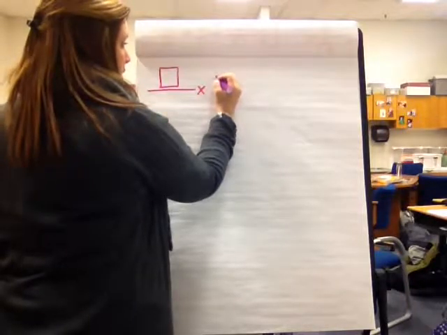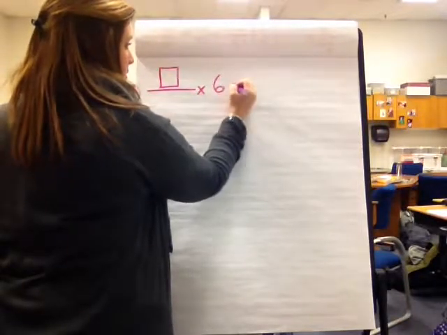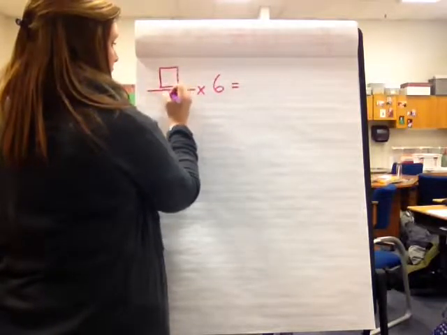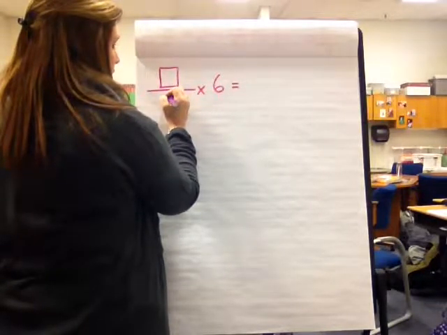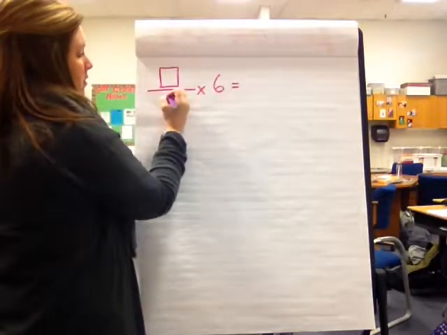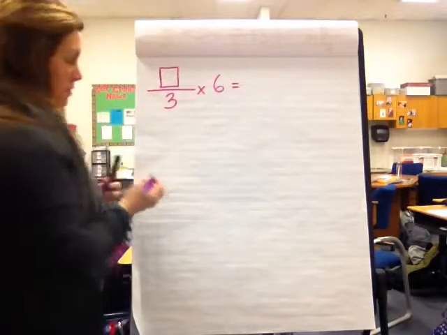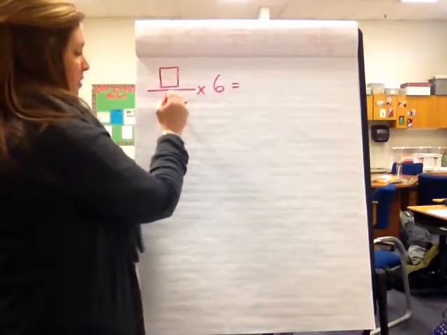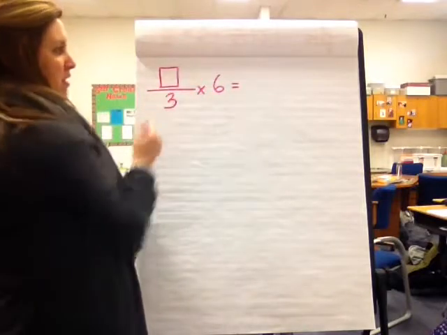Okay, let's do, let's see, sorry. Okay? So that's the question. Something thirds times 6. Well, I got to figure out what this is.